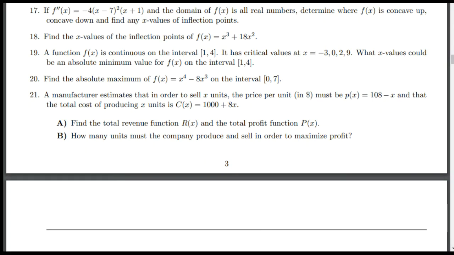Find the absolute maximum of x to the 4th minus 8x cubed on this closed interval from 0 to 7. So that function is x to the 4th power minus 8x cubed, and it's on the closed interval from 0 to 7.